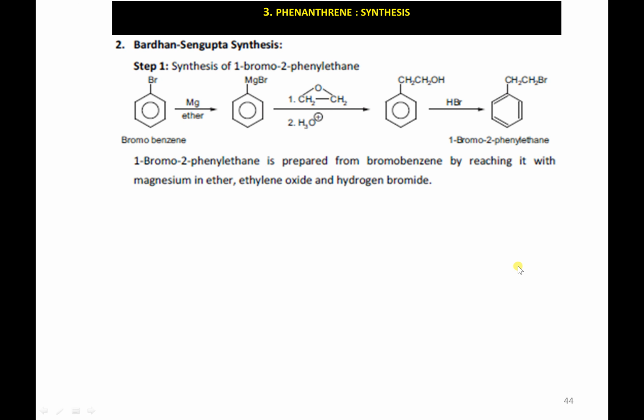You have the second synthesis, by the Indian scientist Bardhan-Sengupta. Two starting materials are prepared in multi-step synthesis, and then they are condensed.